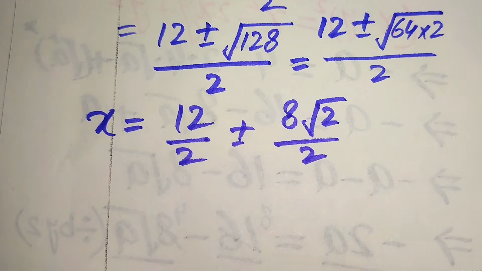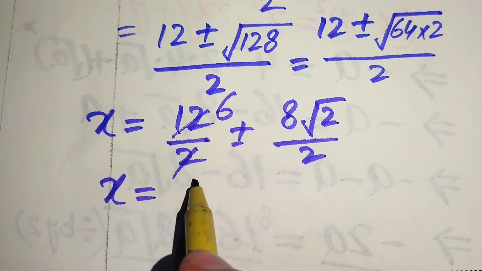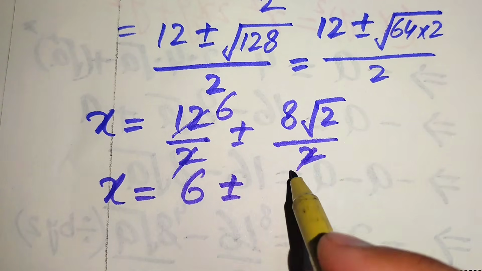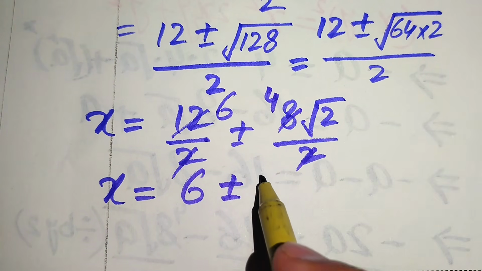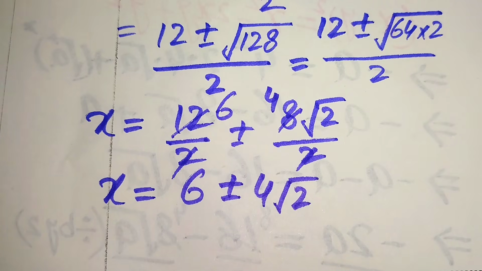And now in the next step, this is 2 times 6 becomes 12, and we get x equals 6 plus minus, this is 2 times 4 becomes 8, and we get 4 times square root of 2.